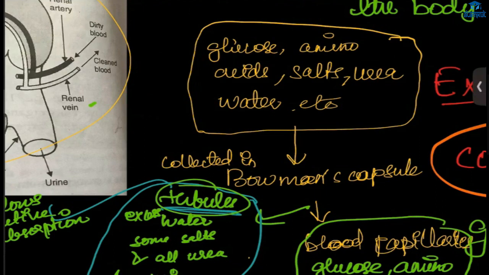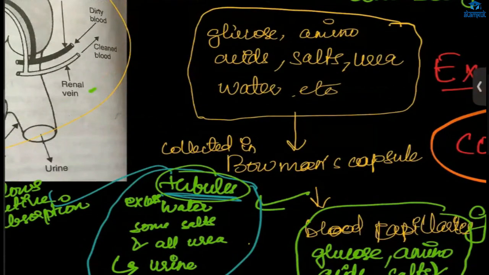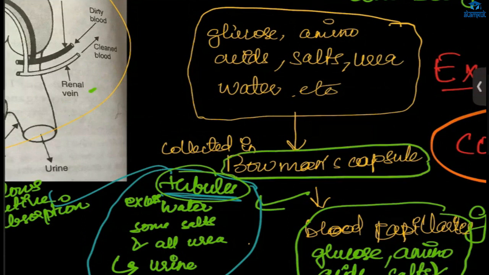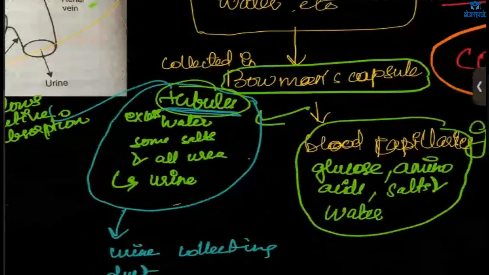So the blood carrying glucose, amino acid, salt, urea, and water goes to the glomerulus. The glomerulus will filter it, and the protein and the blood cells will stay in the blood. The glucose, amino acid, salts, and urea will be collected in the Bowman's capsule.